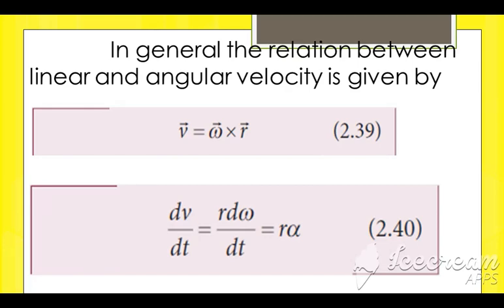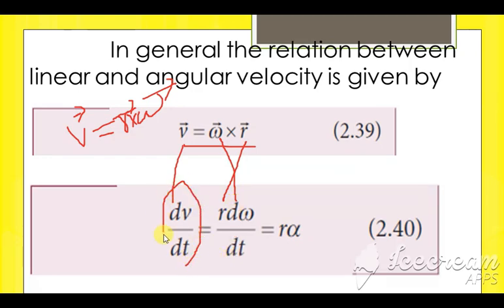For this we are considering the same equation, v is equal to r omega, which we saw last. Now take the vector form for all this, and here we are writing the cross product. So we are getting this equation. Now differentiate this, r is constant, and differentiating this. Now what is this dv by dt? It is a rate of change of velocity.